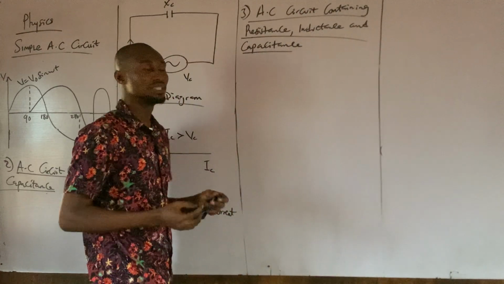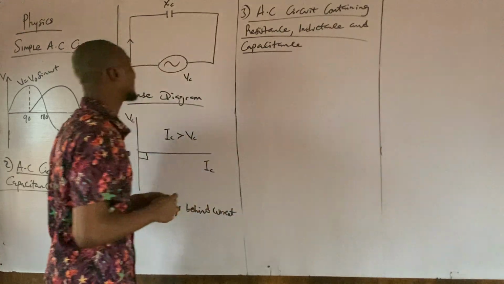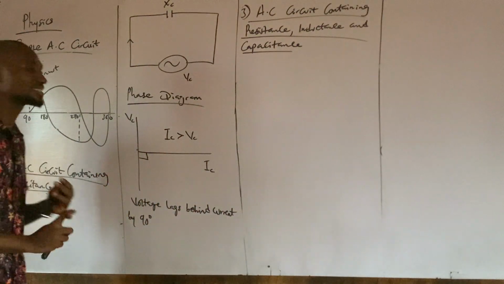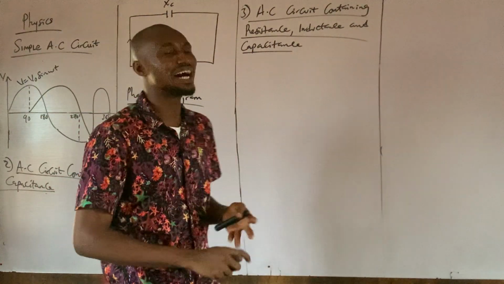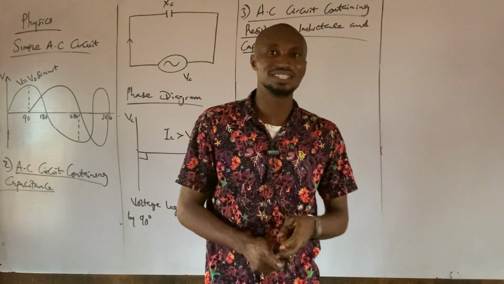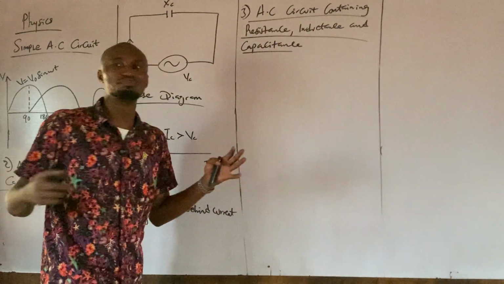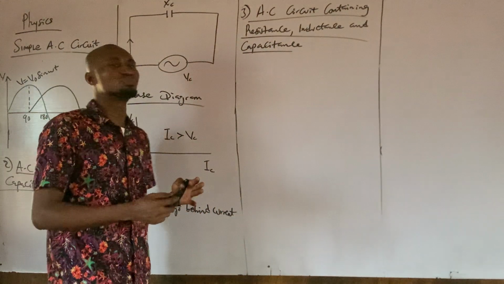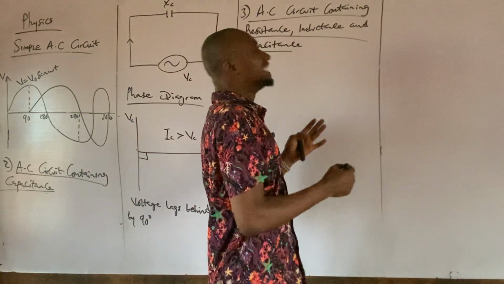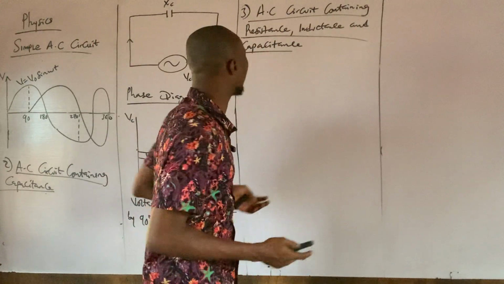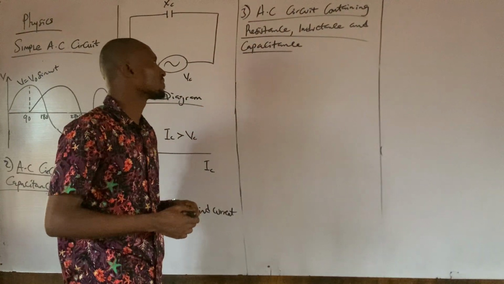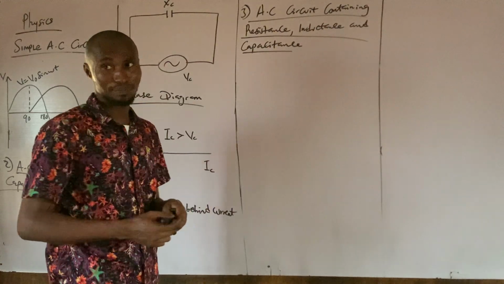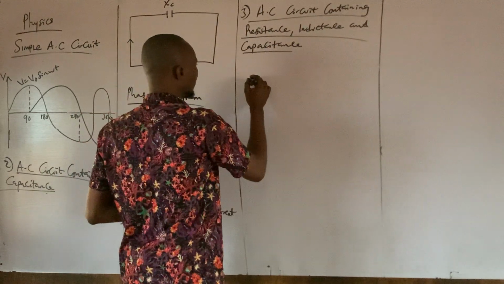Are you there? Now, how do you draw this? Remember that I have taught you resistance, capacitance, and inductance. Is that correct? Using the 3 symbols, you can draw a good diagram of AC circuits containing inductance, resistance, and what? Capacitance.